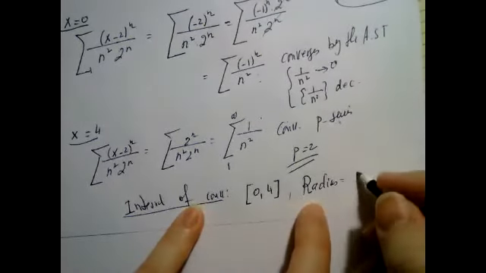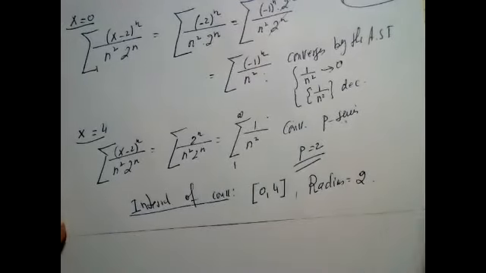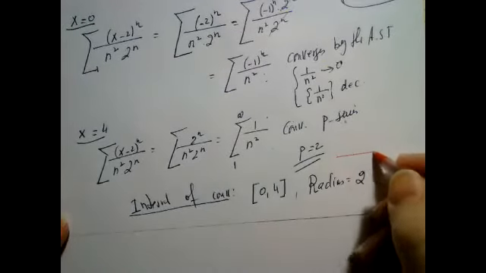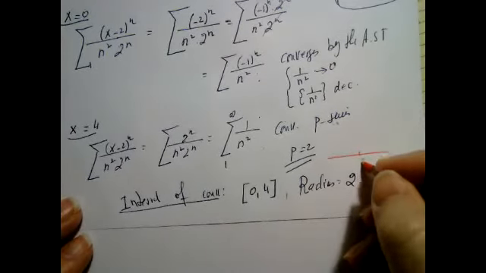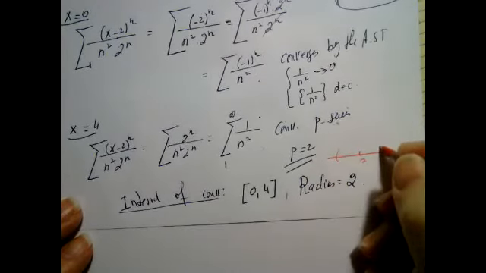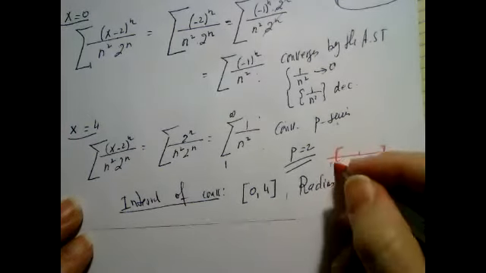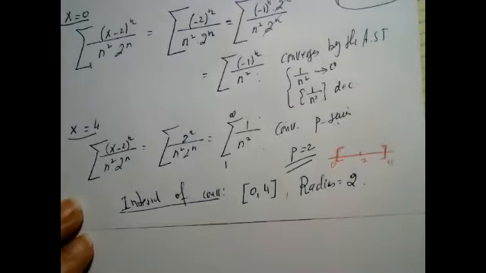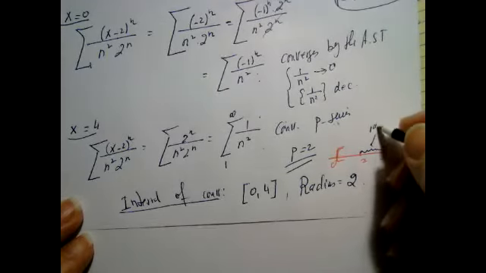So the radius of convergence is equal to 2. So the picture now is that this series, this kind of polynomial, that's the center 2, and it converges between 0 and 4. And the radius is from here to here. That's the radius.